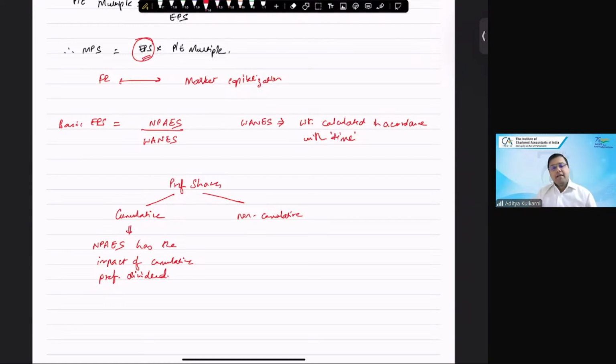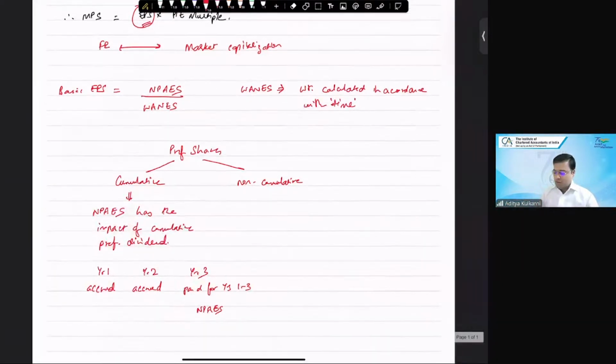So now you tell me, in year one, I have accrued. Year two, I have accrued. Year three, I have paid for years 1 to 3. So when I'm going to compute the net profit attributable to equity shareholders for year 3, how many years preference dividend should I adjust?